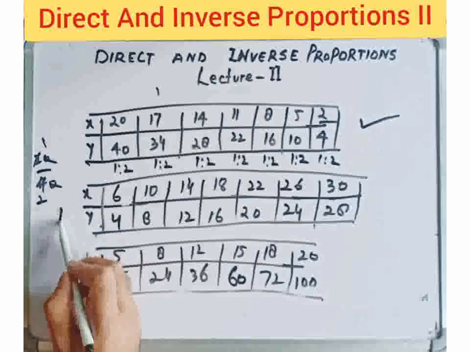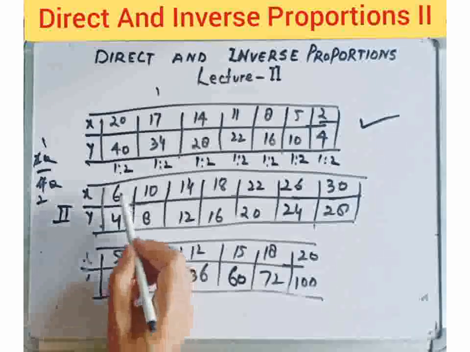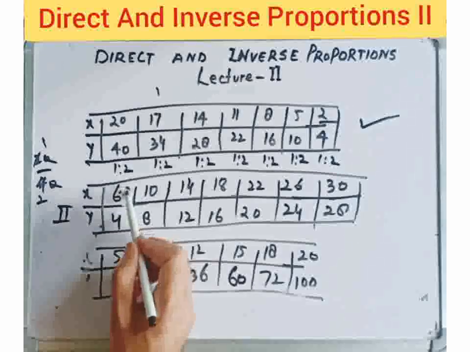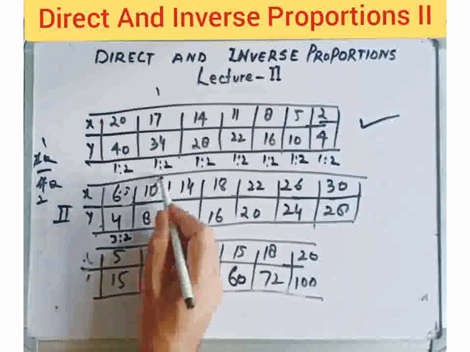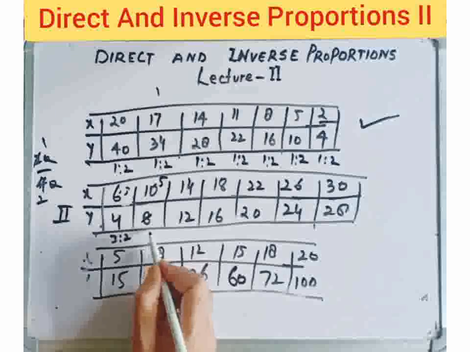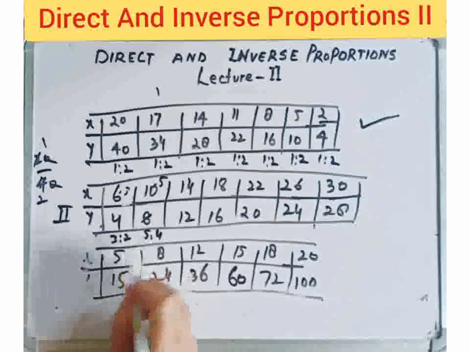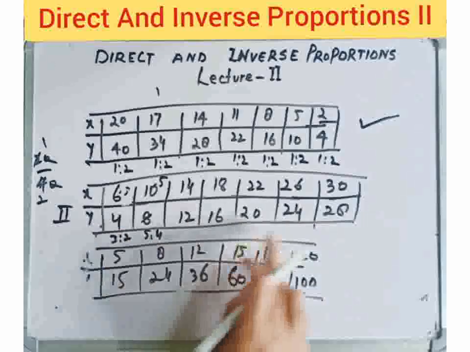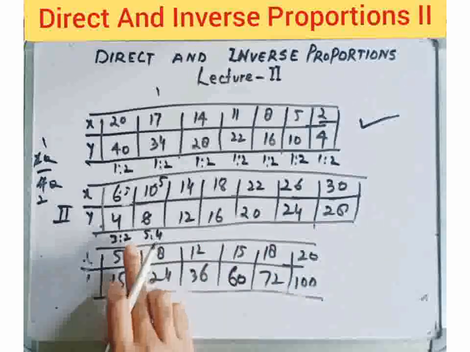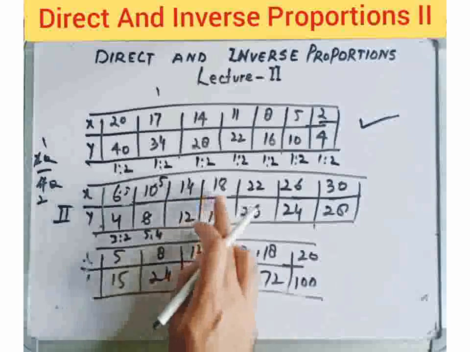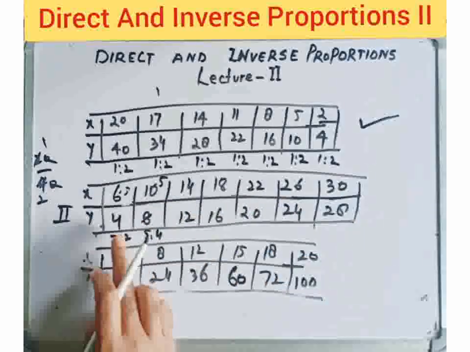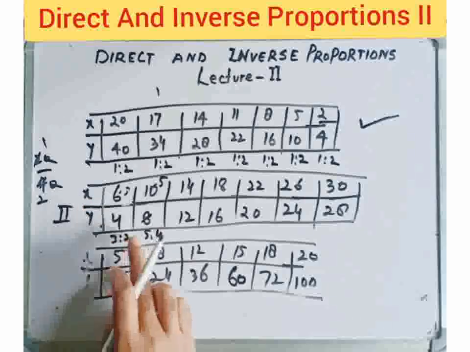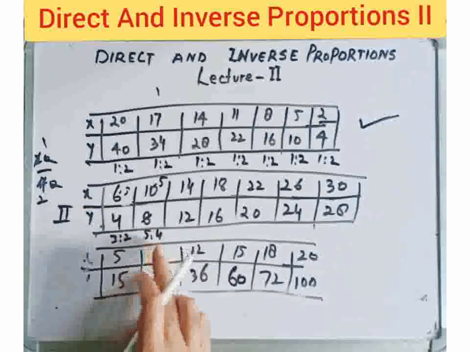Now let's take the second case. 2 3s are 6, 2 2s are 4, so the ratio is 3:2. 2 5s are 10, 2 4s are 8, so 5:4, so the ratio is different here. Although there is an increase in these x and y variables, 4, 8, 12, the ratio is not the same.